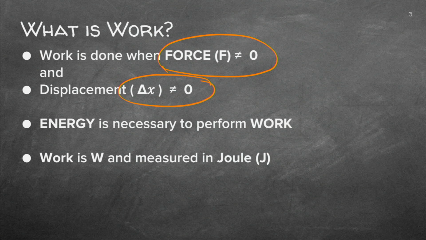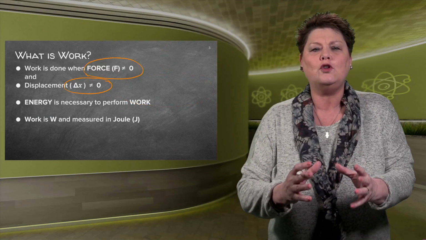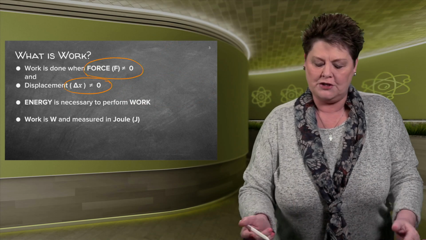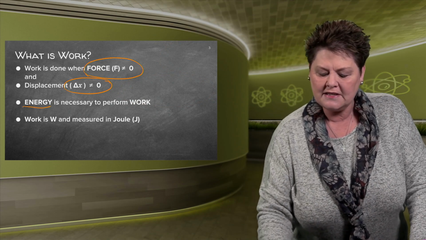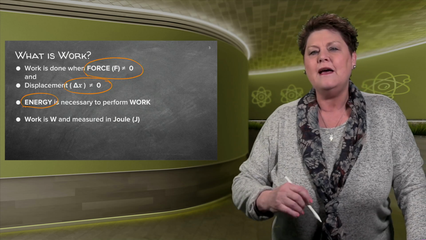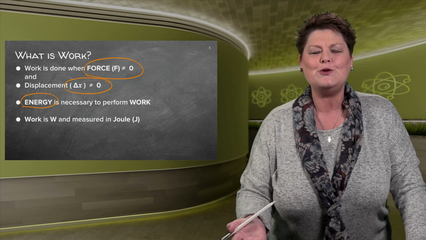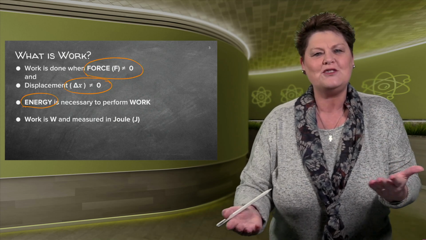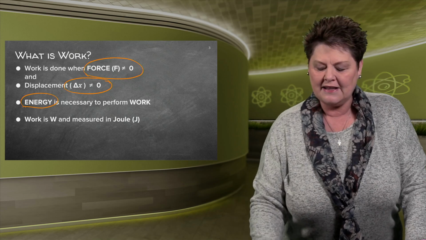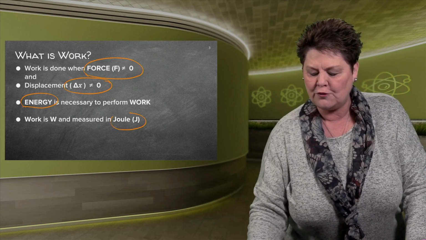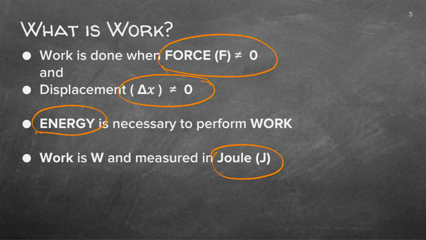So even if you try and push something and it's not moving, you're not doing work per the definition. Energy is necessary, and we often have the synonym as the work you do is measured in joule, you will need energy also measured in joule. And then important, the unit for work as per energy is the joule unit.